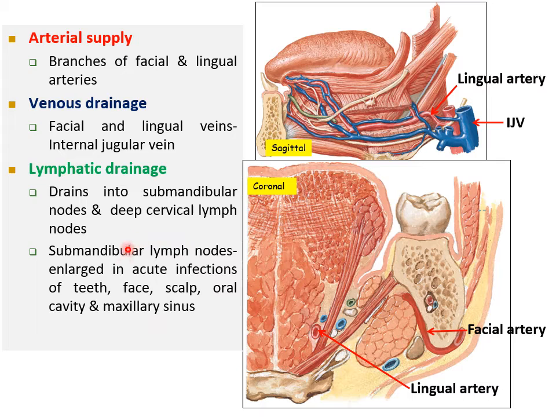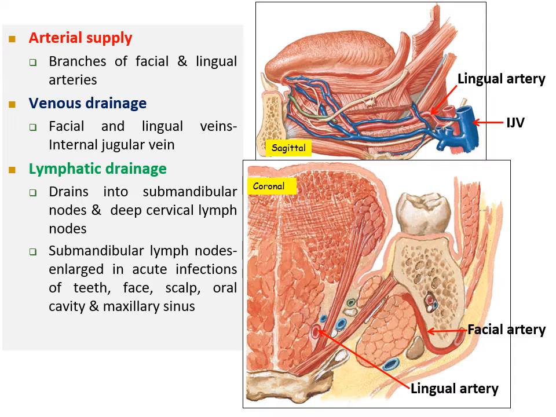And submandibular group of lymph nodes, usually they enlarge when there is an infection in the teeth, face, scalp, oral cavity and maxillary sinus, because in addition to the submandibular gland, it also receives lymph from all these areas. So these lymph nodes will enlarge when there is an infection in all these areas.